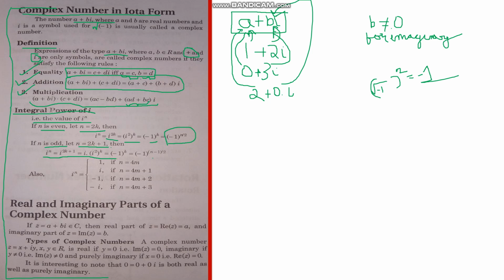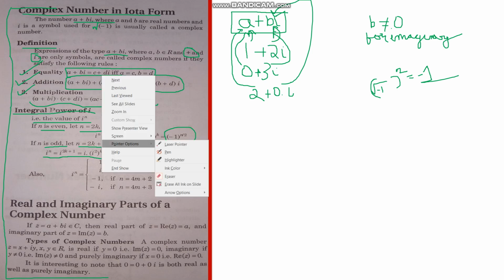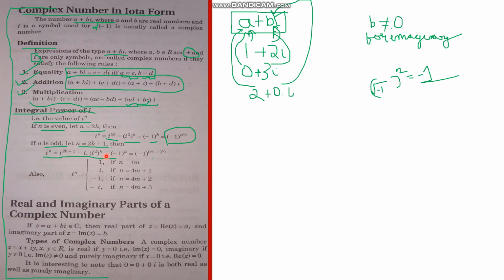Now see, I into I to the power n, which can be written as I to the power 2k plus 1, which means this is I into I square into k.